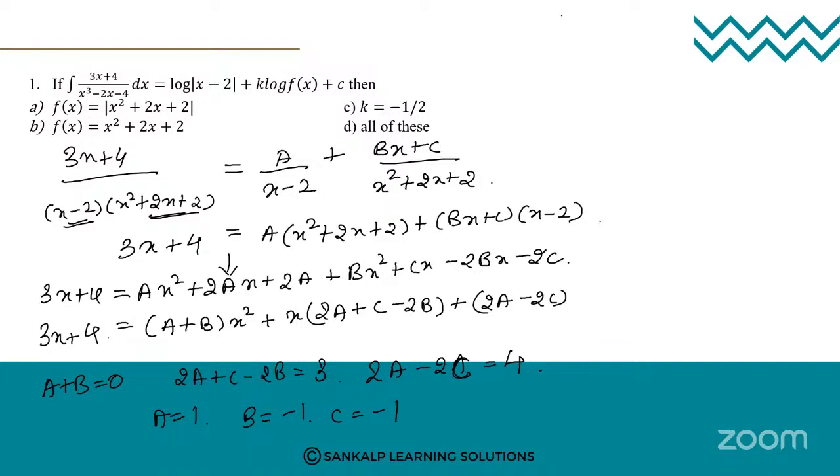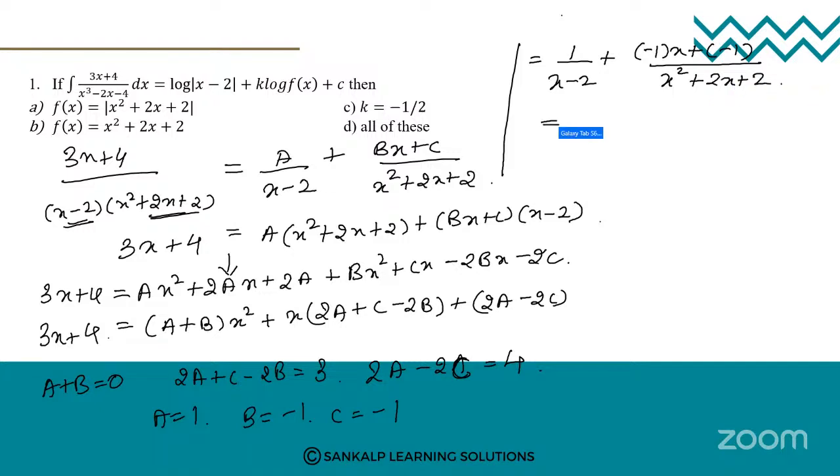So now if I substitute here, what will I get, a divided by a, what did we get, 1. So this is x minus 2 plus b, what did we get, minus 1 into x plus minus 1. c also we got as minus 1. So this is x square plus 2x plus 2. Okay. Fine.